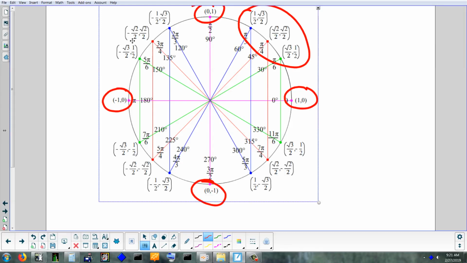So there's a total of 16 different angles that you should know how to find the coordinate for. And for any one of those 16 angles, I could ask you for the sine, cosine, tangent, cosecant, secant, or cotangent. I'll pick some of those 16, they'll be on the test, and I'll pick some trig functions, and you'll just find what I asked. Any questions on that?